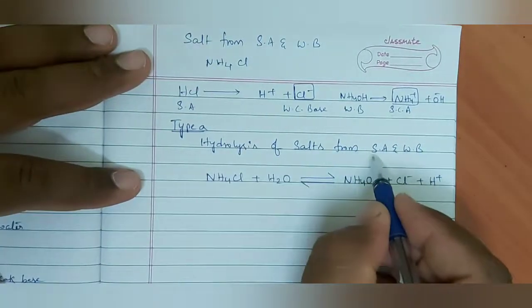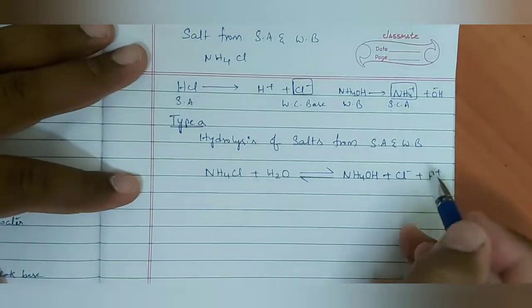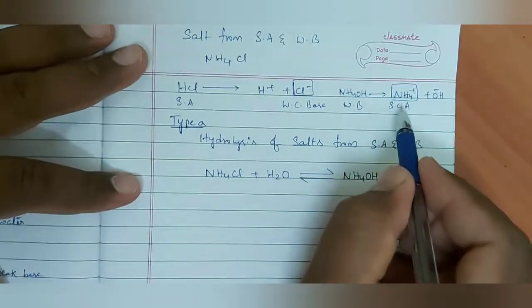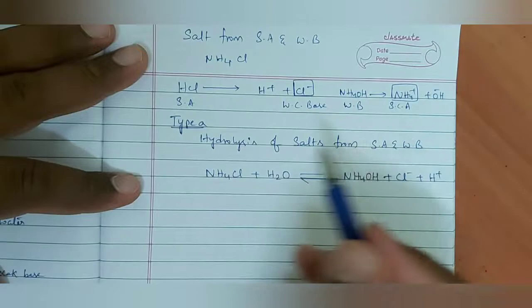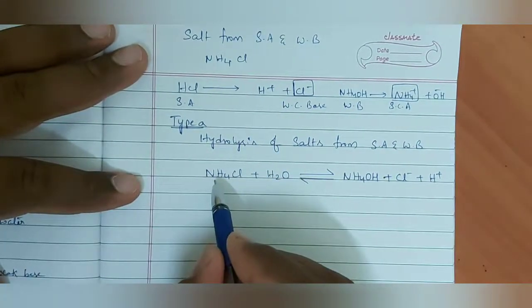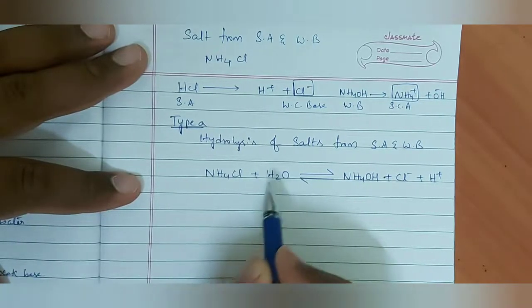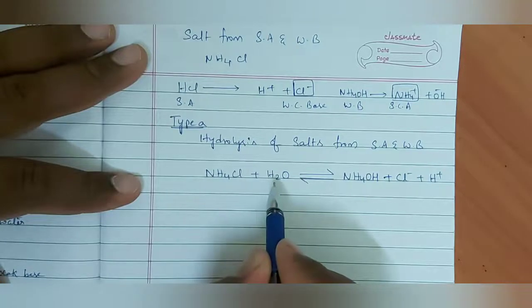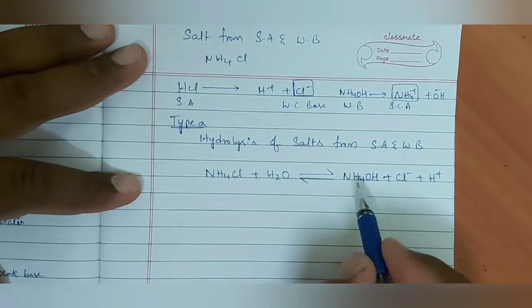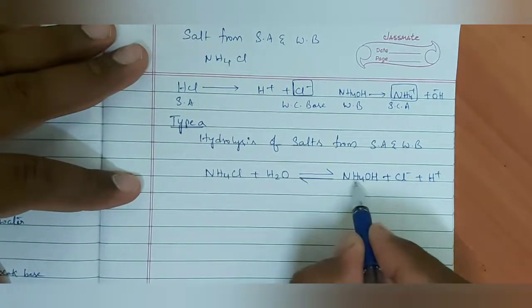Hydrolysis of salts from strong acid and weak base, meaning NH4 plus is a strong conjugate acid, Cl minus is a weak conjugate base. So NH4 plus and Cl minus ions are present along with H plus and OH minus ions. NH4 plus can combine with OH minus because NH4 plus is a strong acid. So it will combine with OH minus to form NH4OH.